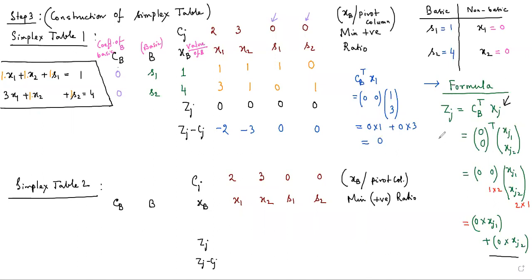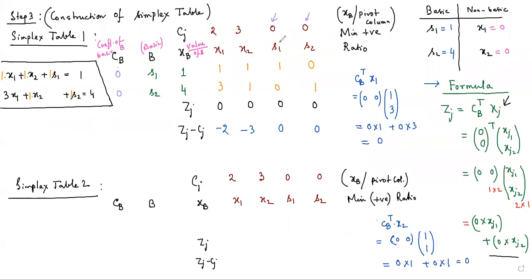If I want to calculate, for example, this 0, I will write CBT into x2. Here CBT is 0, 0, and x2 is this column 1, 1. So I am getting 0 into 1 plus 0 into 1, which is 0.